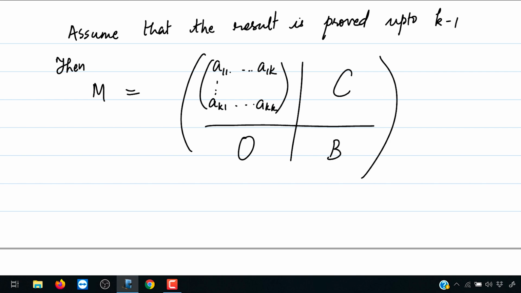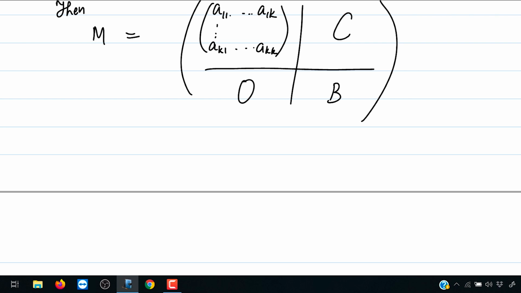Okay. So again, let us look at the determinant of M here by looking at the cofactor expansion along the first column. So this will be A11 times the determinant of the matrix where the first row and the first column are taken out for the cofactor expansion.